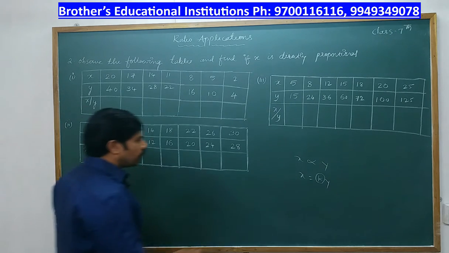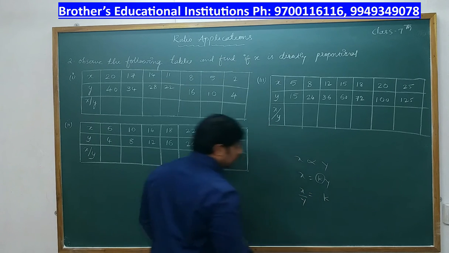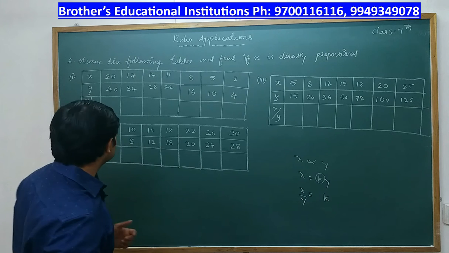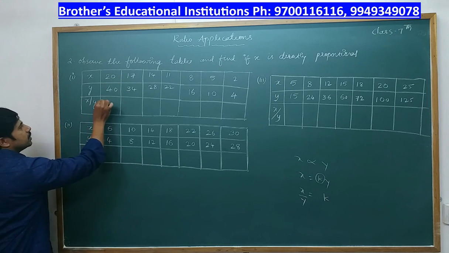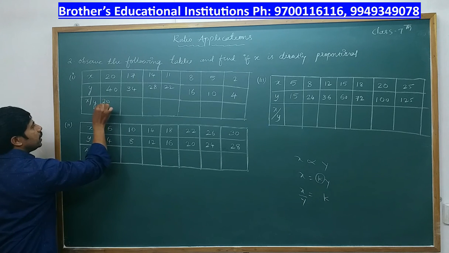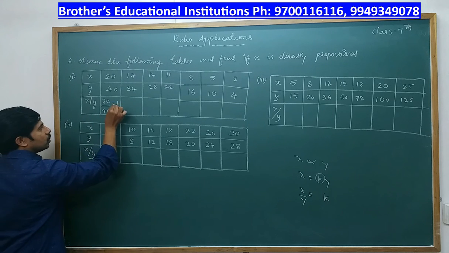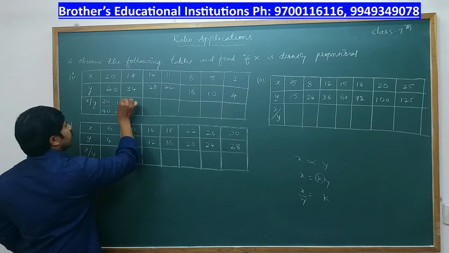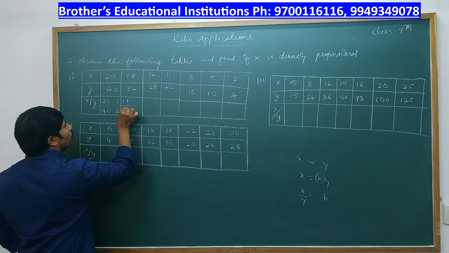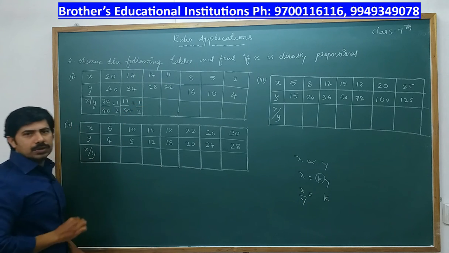So here how to find k? This k is nothing but x by y. So first what I will do is I will divide these two. See, 20 by 40, what is the result? We'll get 0, 0 cancel. 2 1s are 2, 2 2s are 4. I am getting 1 by 2. Now, 17 by 34, 17 1s are 17, 17 2s are 34, 1 by 2.